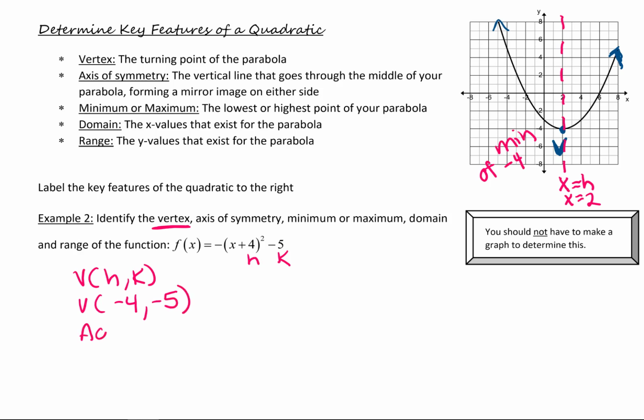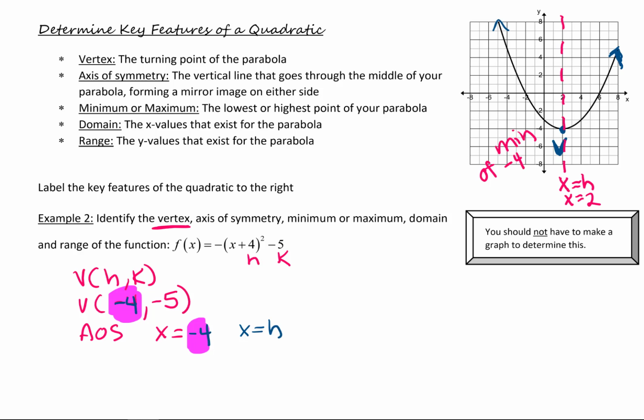The axis of symmetry is x equals, and it's the x value of our vertex. So a vertical line that goes through the vertex, which creates a mirror image from the left to the right hand side. So that is the same as x equals h. That's where that's pulled from.